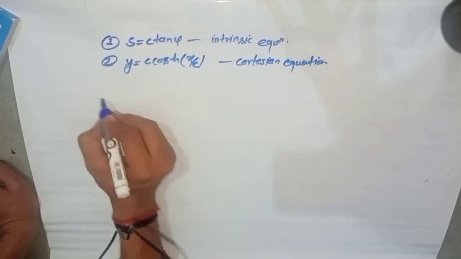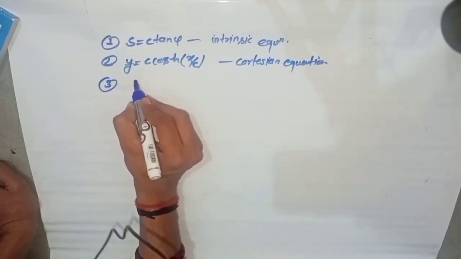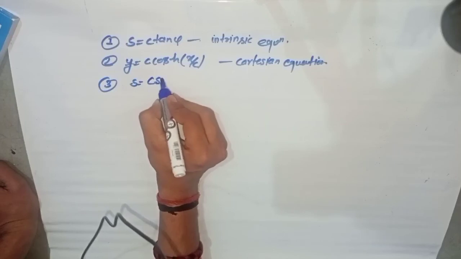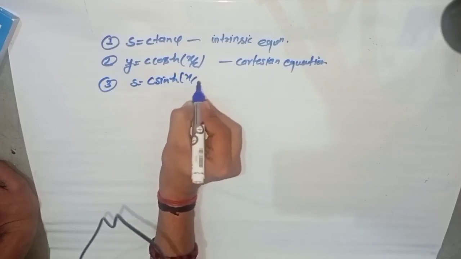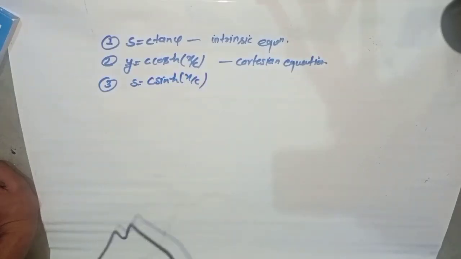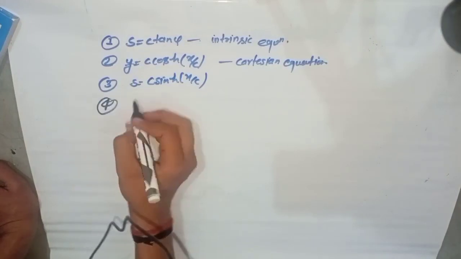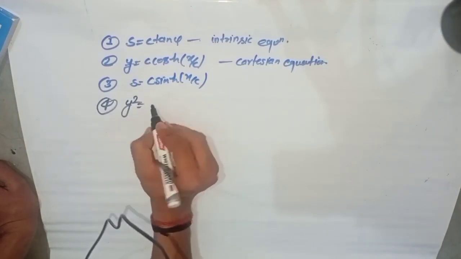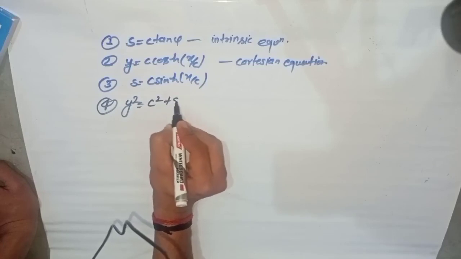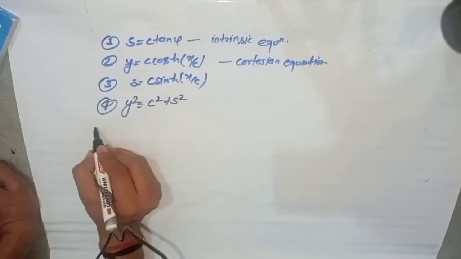Third is the relation s equal to c sin hyperbolic x by c. Fourth is y square equal to c square plus s square.